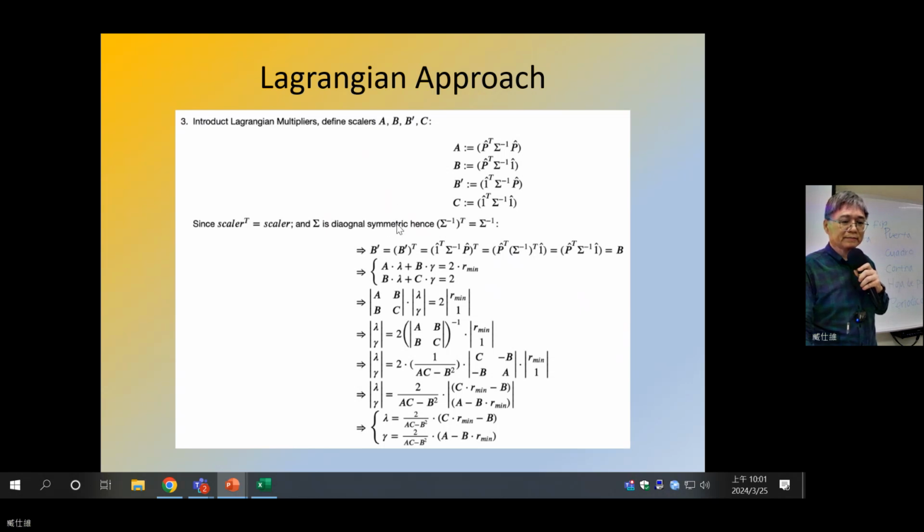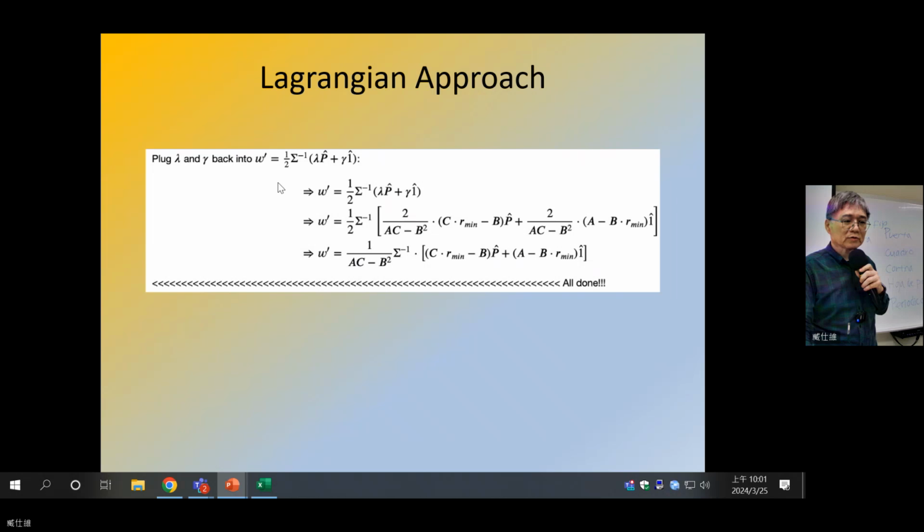So this is the final solution. Because this is just for reference, I don't think it's very important to you right now. But I just need you to know that we go through this complicated process of mathematical derivation, and finally we get results like this.